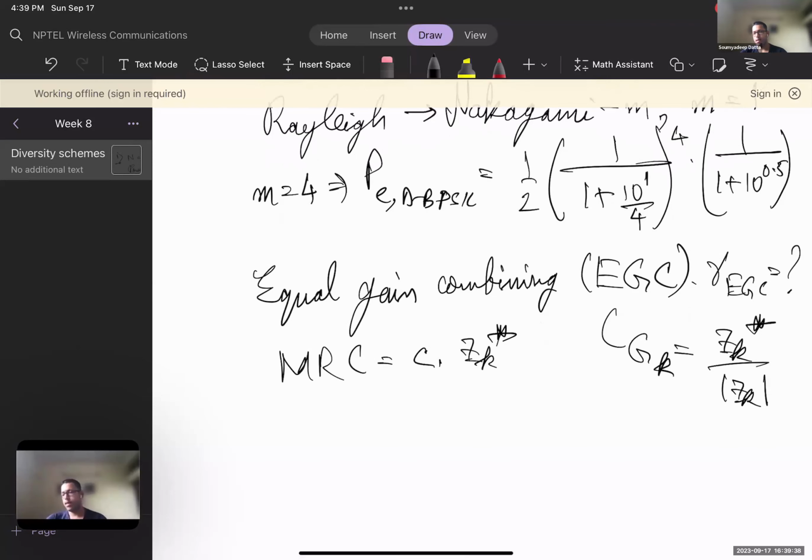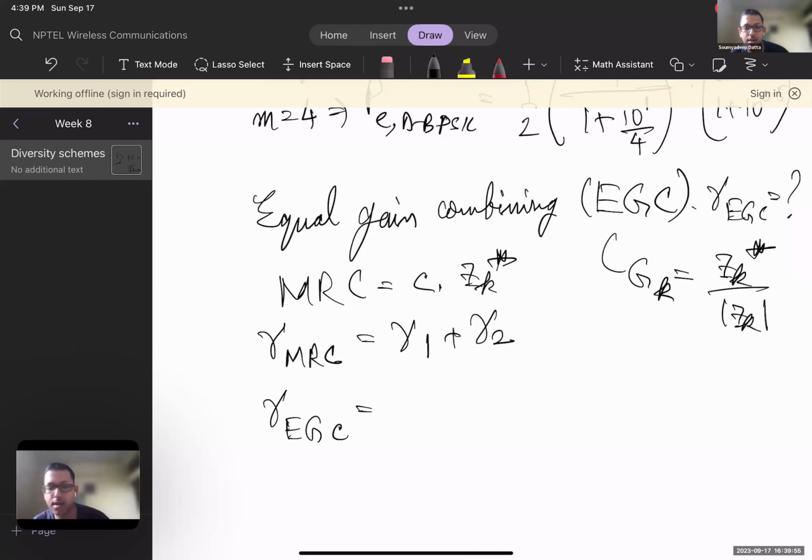For MRC, the SNRs get added. For equal gain combining, the SNRs get averaged in a twisted way. So in general for M antennas, you will be adding all of the SNR for all M antennas.